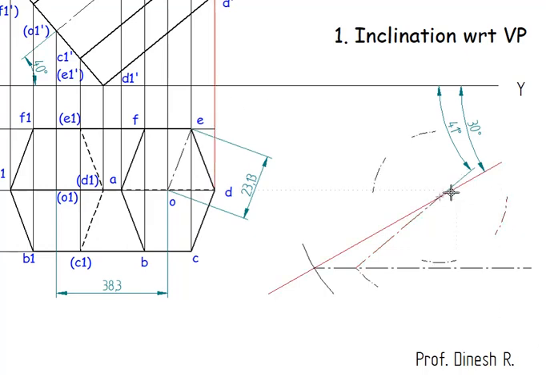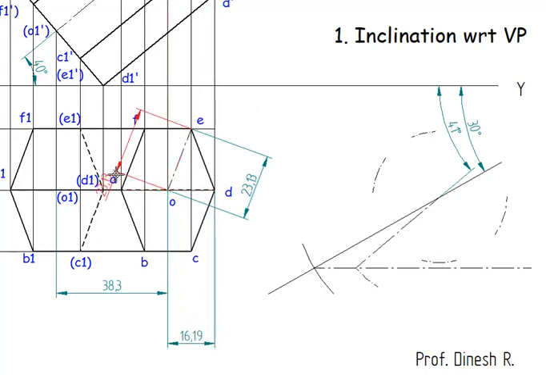Now I'm going to take the distances O to D, O to A, O to D1, O to A1. The distance from this point to this point is nothing but 16.19.